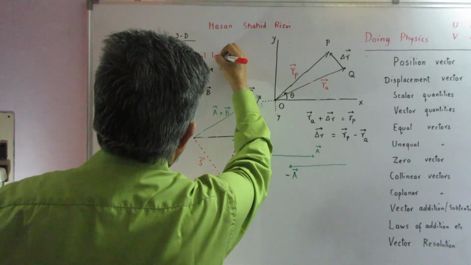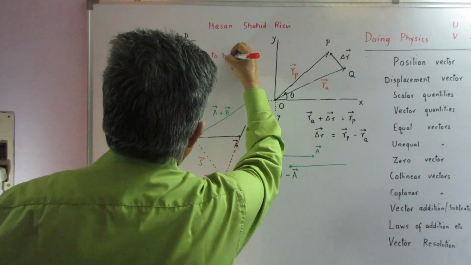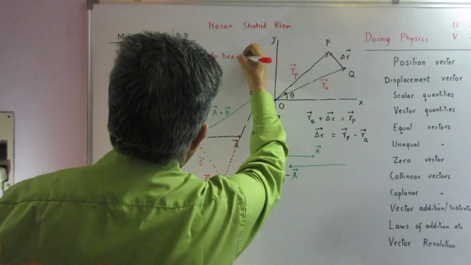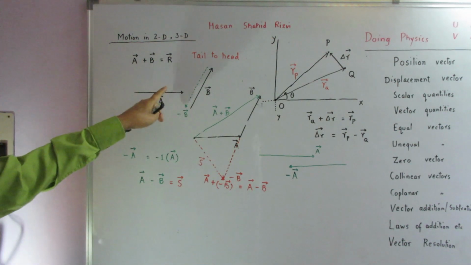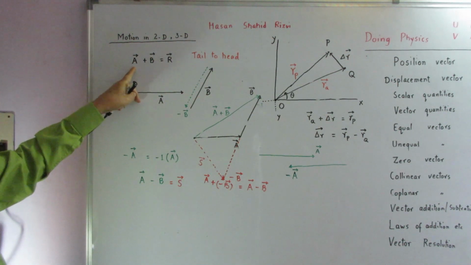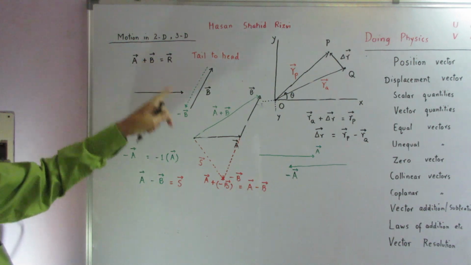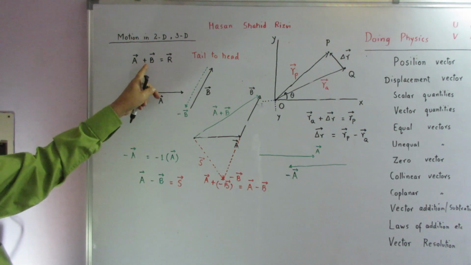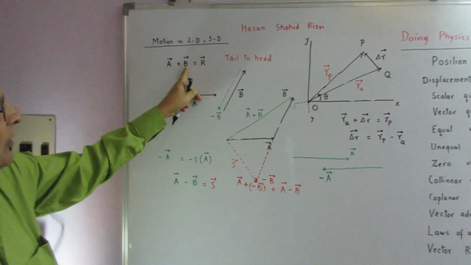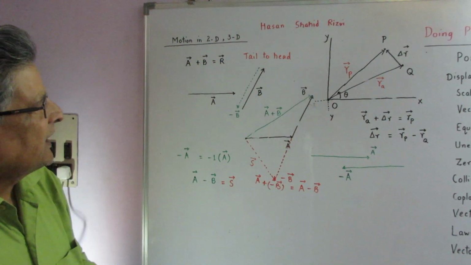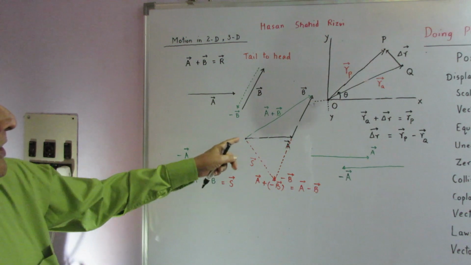This is one method where in the sequence of A plus B, I take A, then B, then from the head of the A, I redraw the vector B, which results in the tail to head system, and this is A to B.